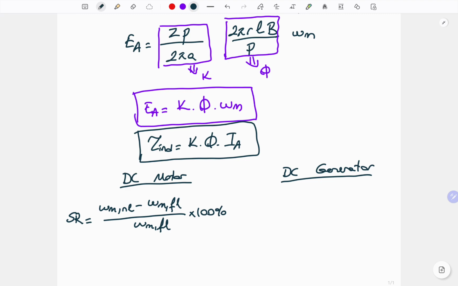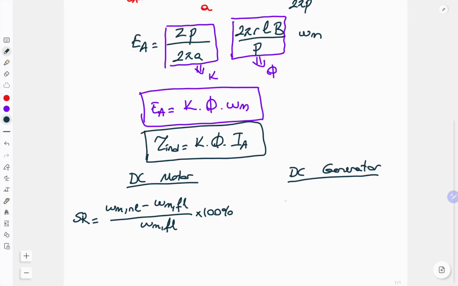And for the DC generator, we have a similar case, and to determine the value of output voltage, because in this case we will see how the output voltage of the DC generator changes. It will be important for us. So because of this, for the DC generator, we can write the voltage regulation parameter.